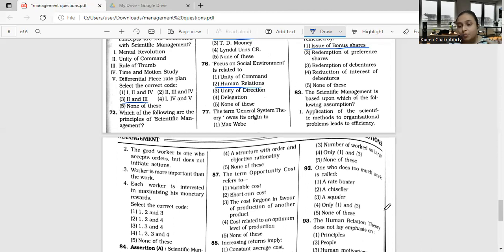Accordingly, you will be able to identify that option 2 is correct, that the good worker is one who accepts orders but does not initiate actions. 1 is correct, that is application of scientific methods to organizational problems leads to efficiency. And number 4, each worker is interested in maximizing his monetary reward, is also correct. So accordingly, 1, 2, and 4 are correct.